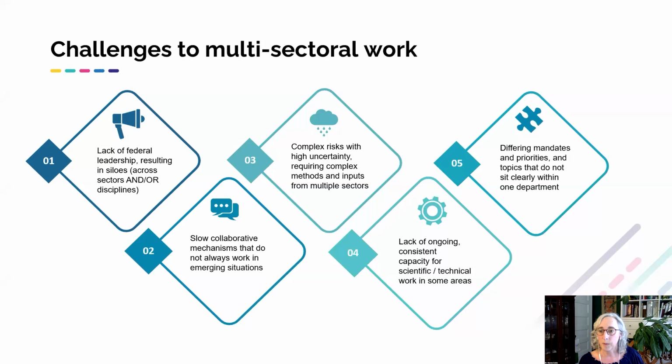So now that I've talked a little bit about the importance and the scope of One Health, I wanted to cover some of the challenges of multi-sectoral working. And I'm sure many of you are familiar with these challenges. These are some of the things that were raised during the development of our framework. There's a lack of federal leadership and coordination, which tends to result in silos. And there's what we think of as the traditional silos between sectors, so human health and animal health.